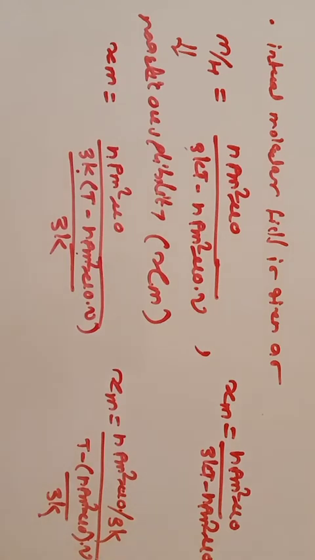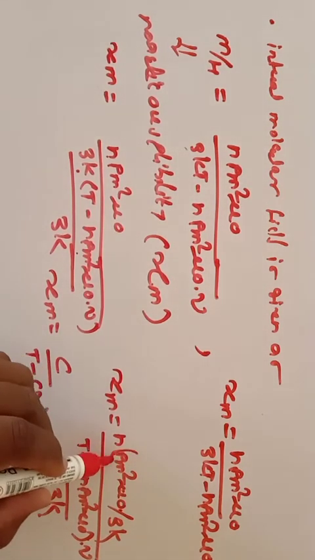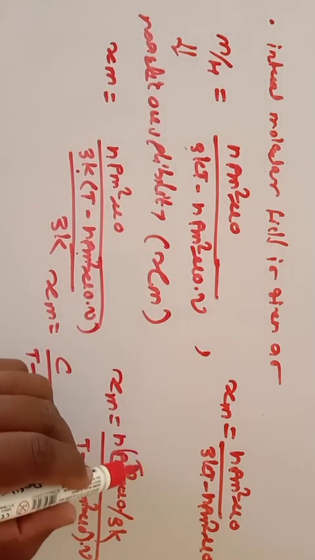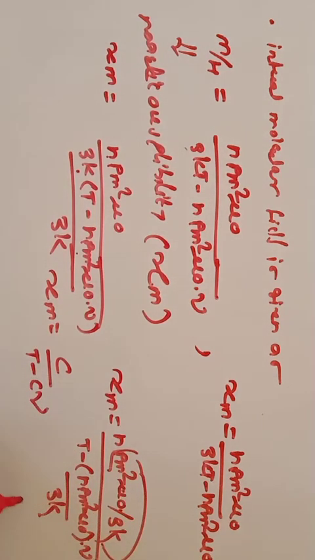And we can write this equation as chi by m equal to c upon t minus c into gamma. So what is c? C is nothing but your Curie constant. The term n pm square mu 0 upon thrice k is replaced by c.